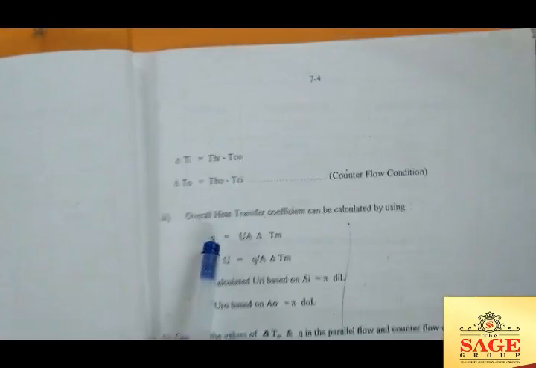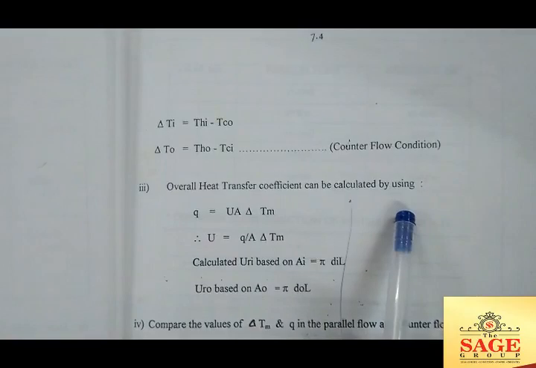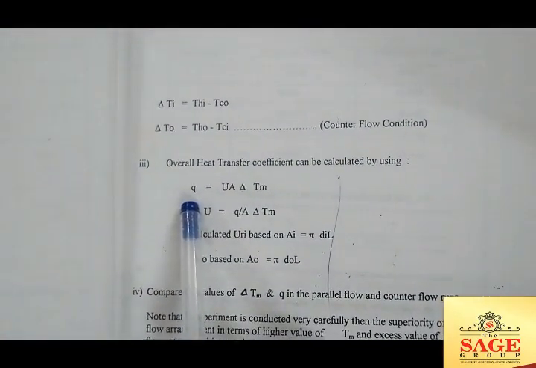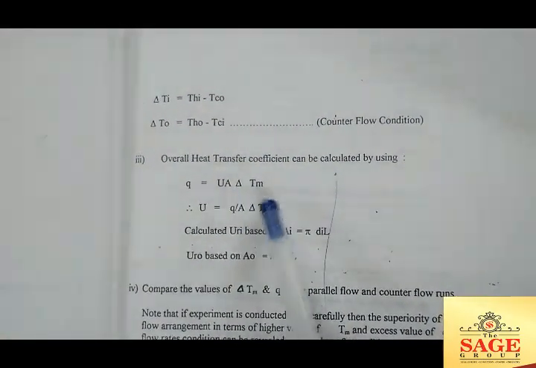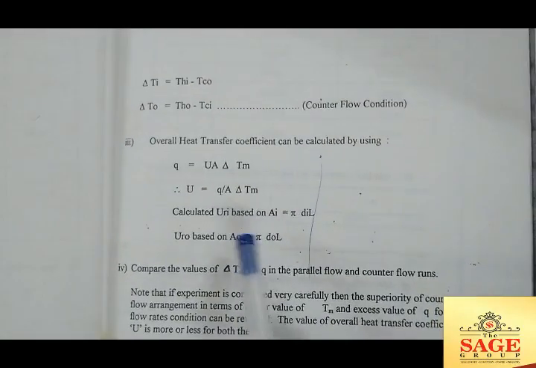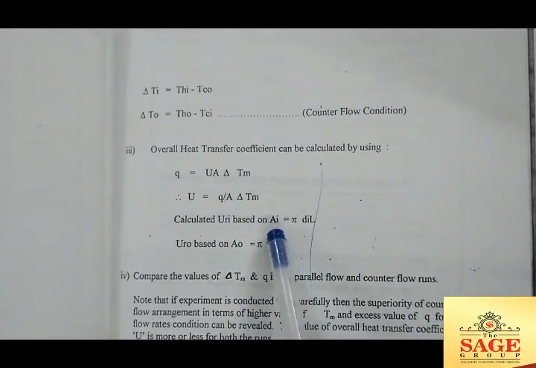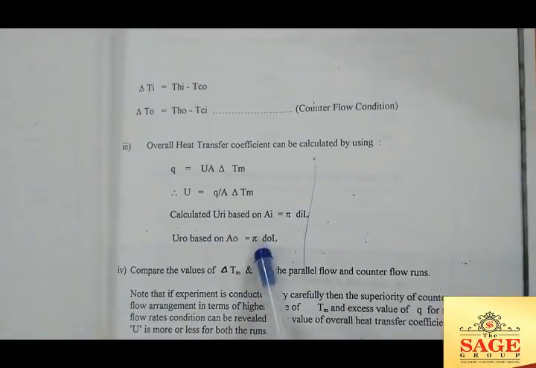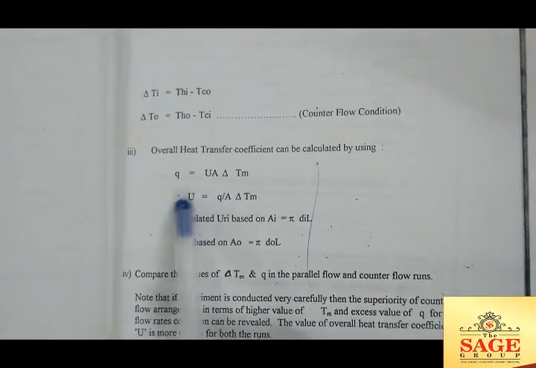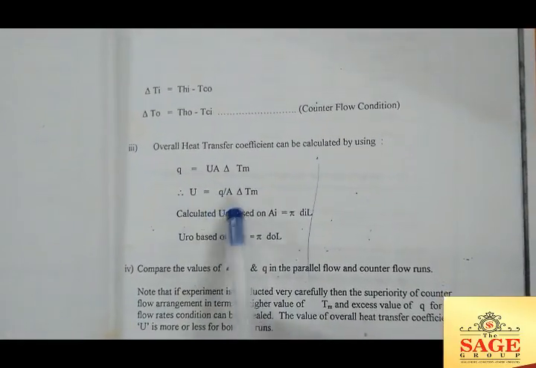So what we find in this experiment is the overall heat transfer coefficient. If Q is known, as well as the area of the pipe, depending upon whether it is based on the inside area or the outside area, with this formula U can be calculated as U equal to Q by A delta Tm.